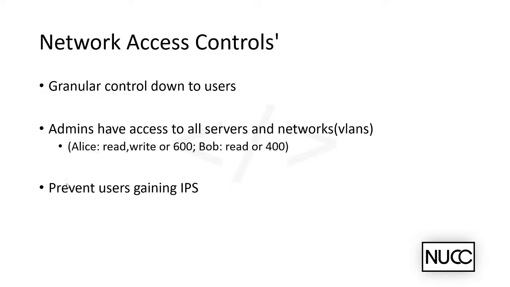So here we have Alice, who has read and write permissions, or 600. If she had execute permissions as well, it would be 700. And Bob has just got read permission, so he's only 400. So you can do this to SMB shares, NTFS, and the Linux file shares as well.